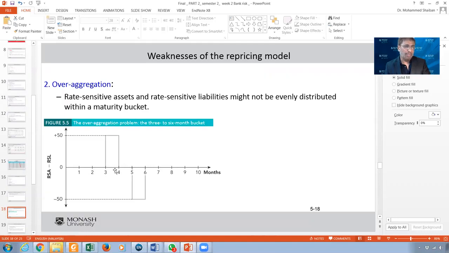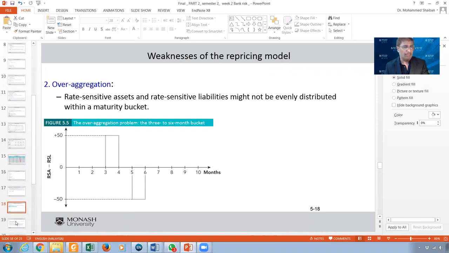This is what we call over aggregation, which means they don't look: I have a positive gap, a positive gap, a negative gap, a negative gap. If you add them all up, I am at 0 gap, which actually does not reflect the facts.